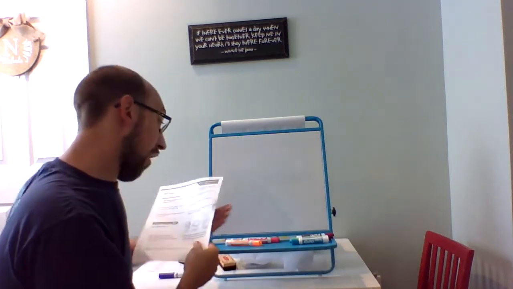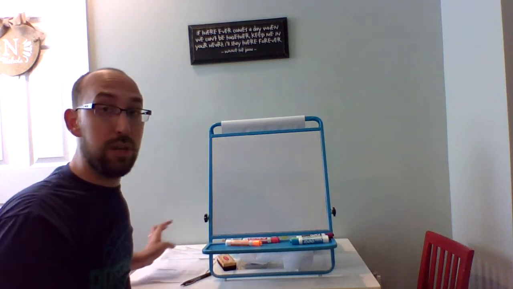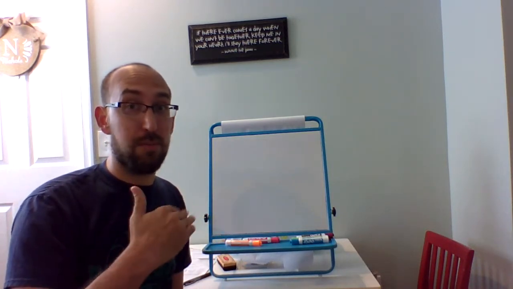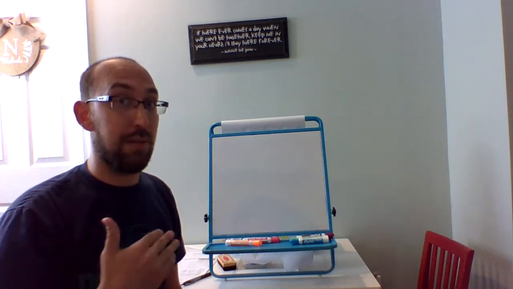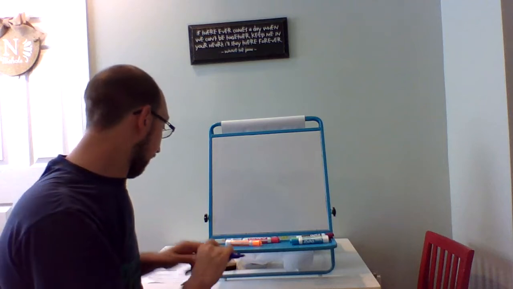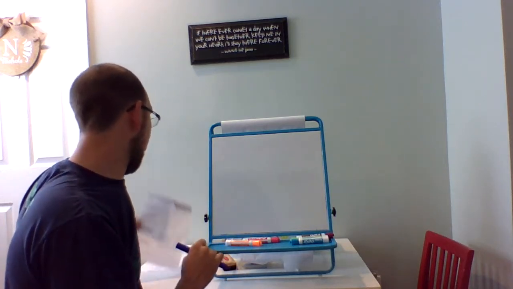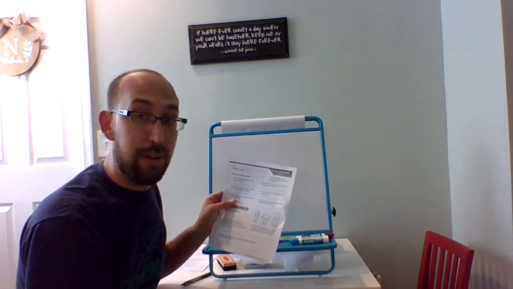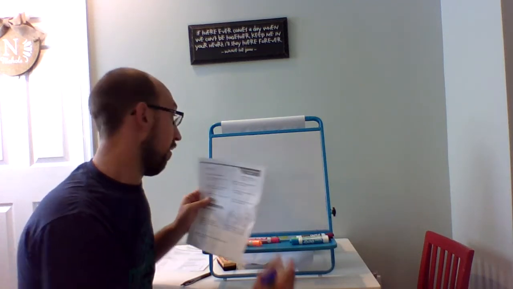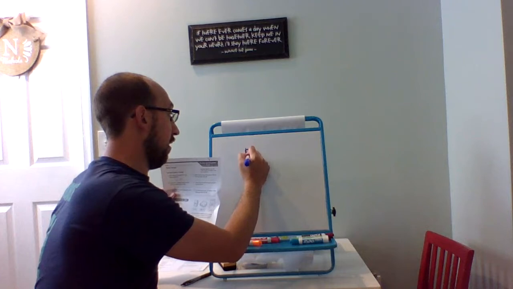Now, when we subtract, the rule is we always put the bigger number on top. Okay, we can't take a bigger number from a smaller number. So, same thing with money. We always want to put the bigger value on top when we subtract. So, if he's buying a bag of peanuts that costs $3.45, he's paying with a $5 bill. Well, $5 is the greater amount.